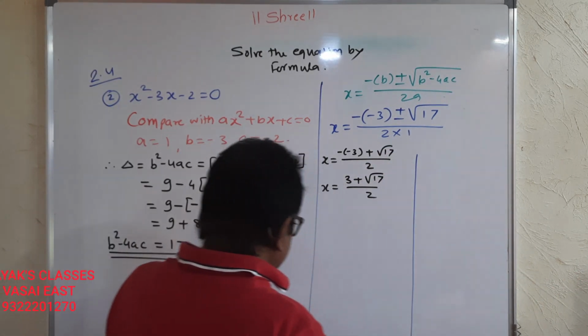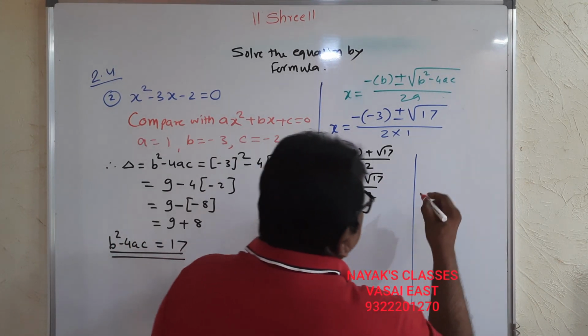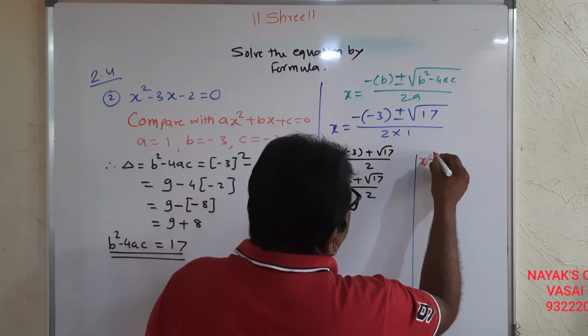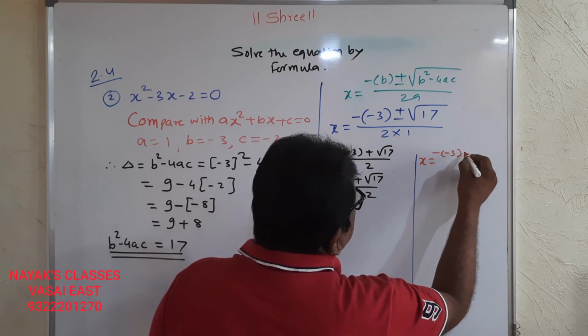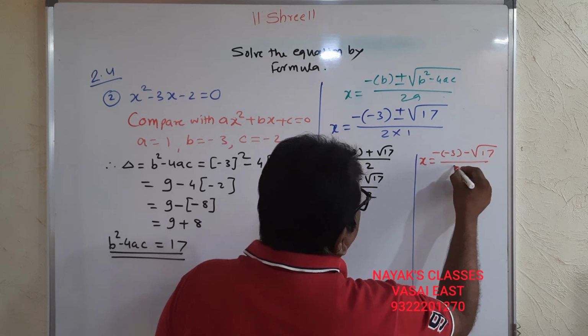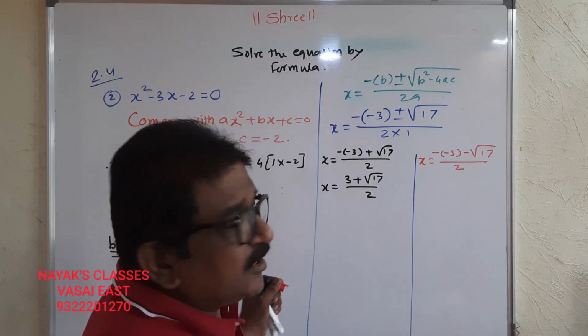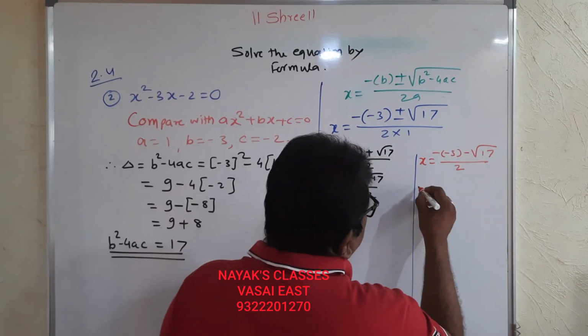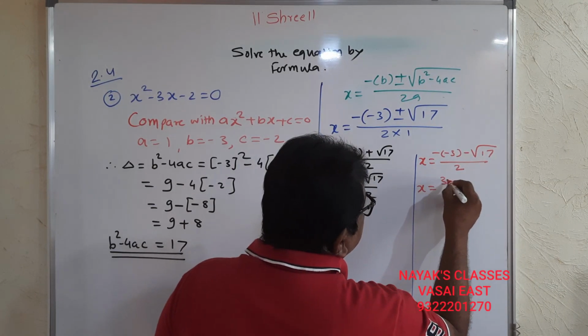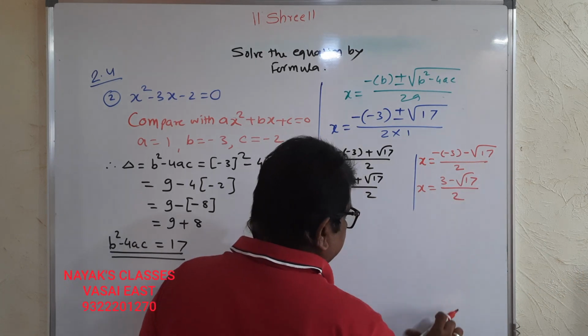And the second is this side. x is equal to minus into bracket minus 3 minus under root 17 upon 2. Very easy. So x is equal to 3 minus under root 17 upon 2.